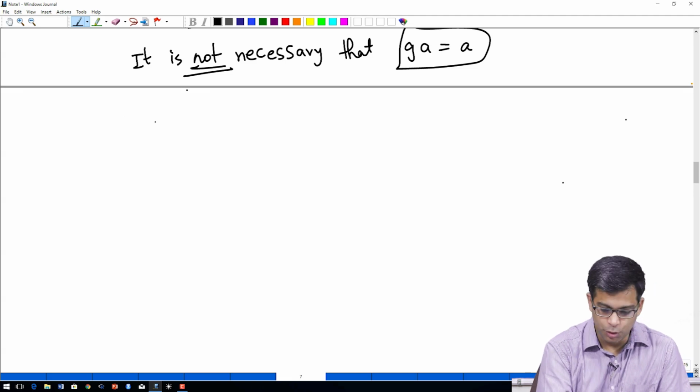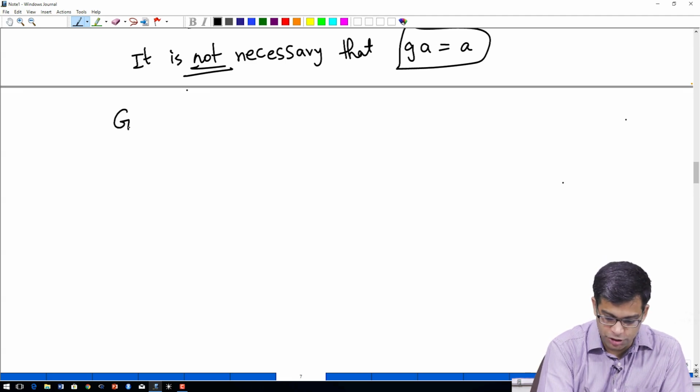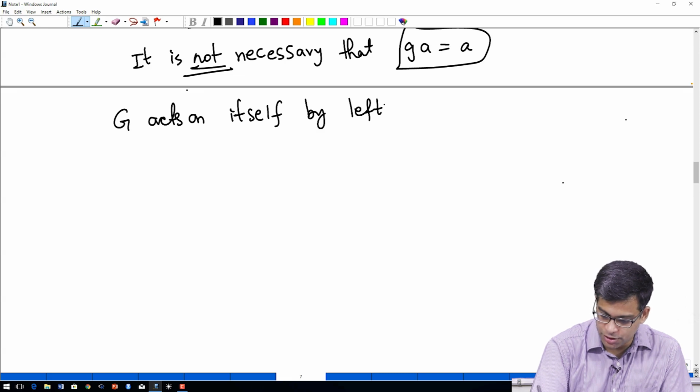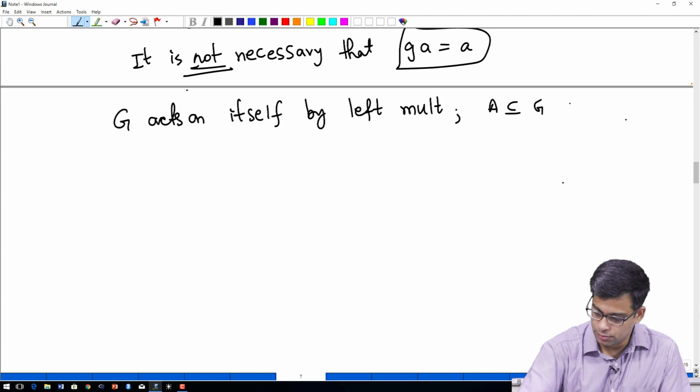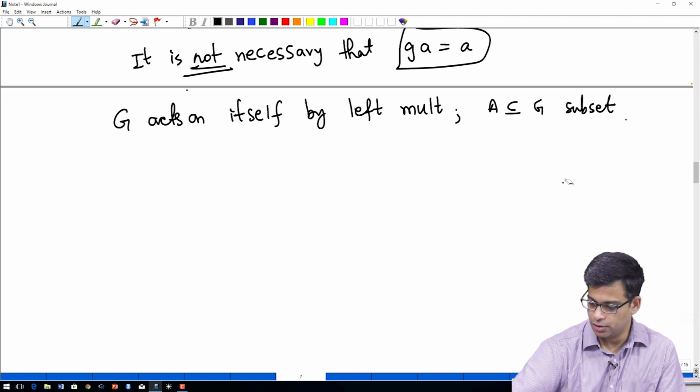Suppose that again G acts on itself by left multiplication and A is a subset of G. We have extended the action of G to subsets as above.